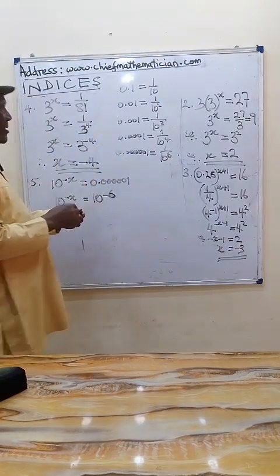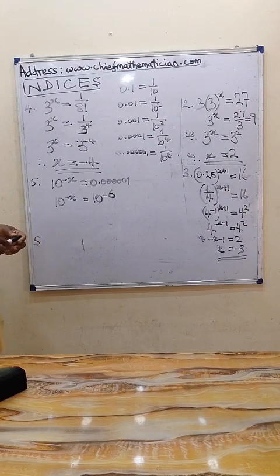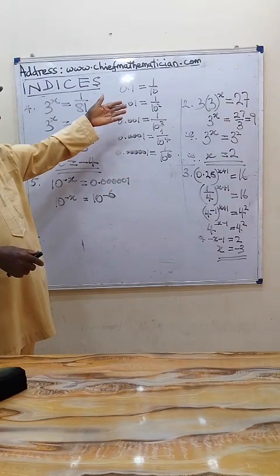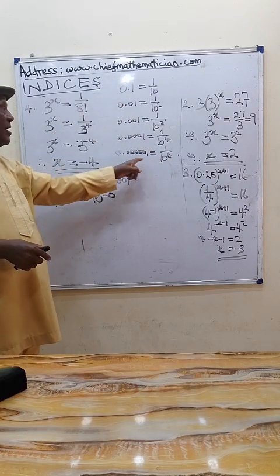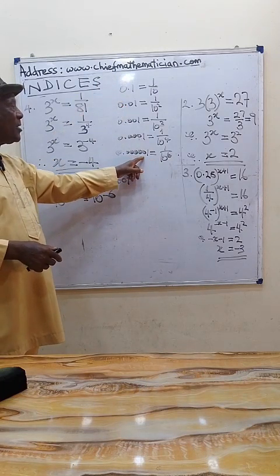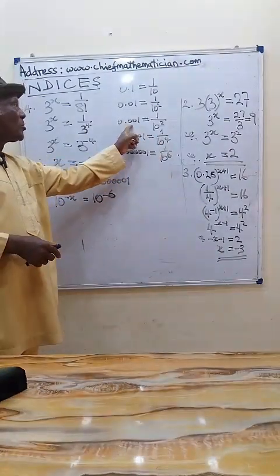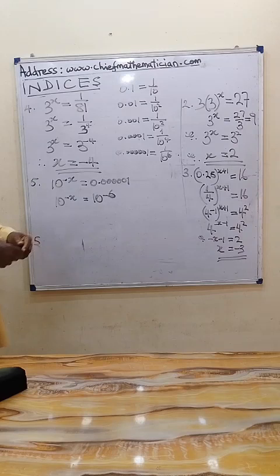From what we have seen here, this is equal to this. You have 1, 2, 3, 4, 5 zeros, so this one will be 10 to the power 6. 1, 2, 3, 10 to the power 4, 1, 2, 10 to the power 3, and so on and so forth. So this is correct. Both sides of the equation are on the same base, 10.